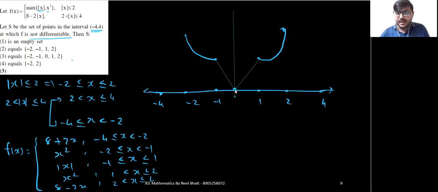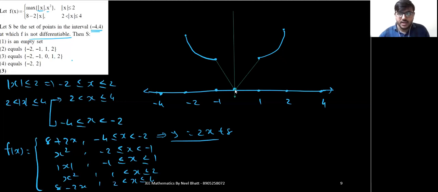Okay. And then at 2, the point is somewhere over here. Okay. And then between -4 to -2, the graph is of y = 2x + 8. So it is something like this, right?